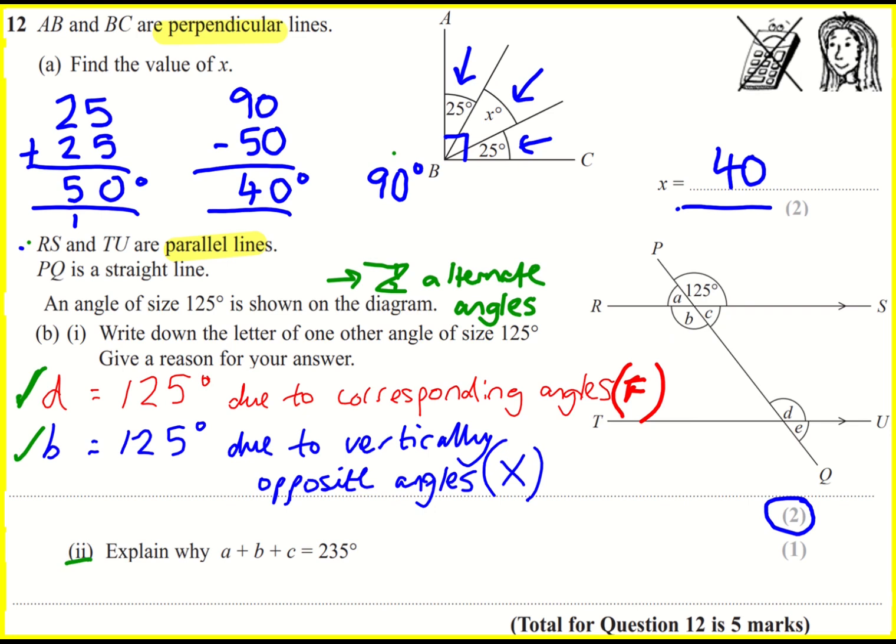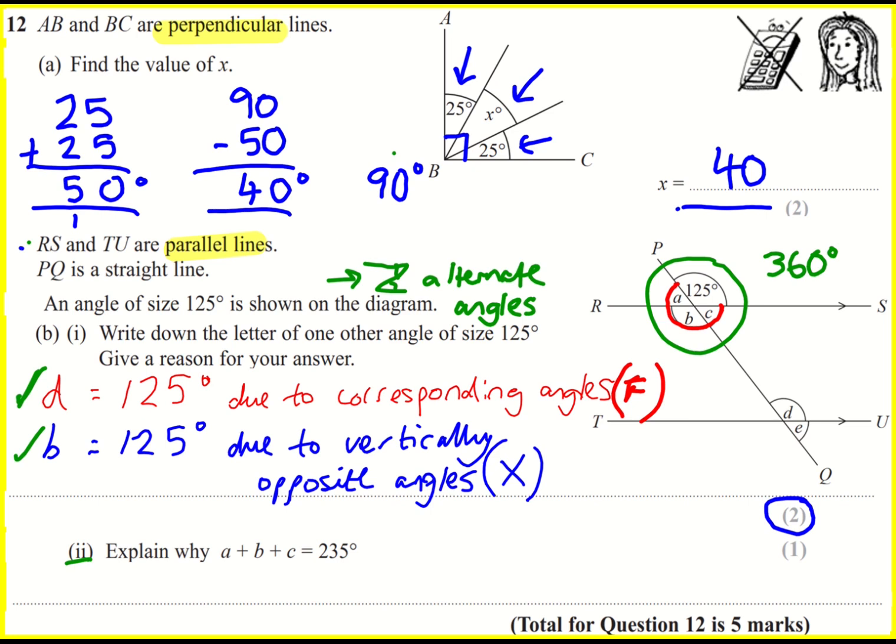Part II, explain why A, B and C added together give you 235 degrees. Well, the reason for that is if you think about this whole thing, the whole of this would be 360 degrees. And therefore, this plus this plus this must be 360 take away 125.